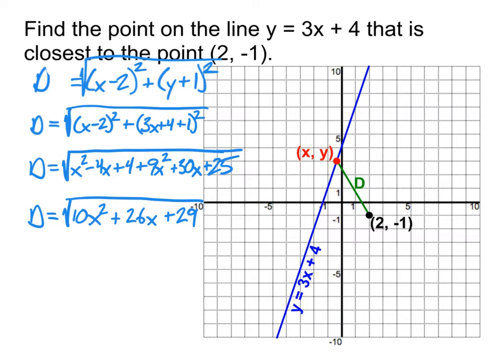So we're now at the point of finding the derivative. But I'm going to try and make your life a little bit easier here. The point that minimizes our square root equation here, wouldn't that be the exact same thing that minimizes the quadratic on the inside? Does the square root change where it would be minimized?